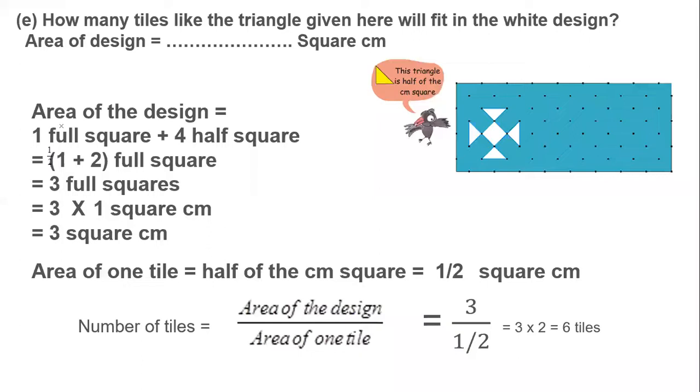Total 6 triangles will fit in the white design. The solution I already gave on the board is better for you. It's a very simple solution I have given.